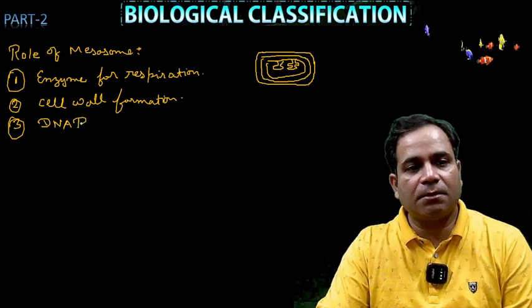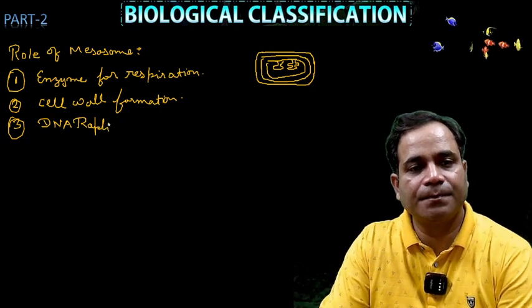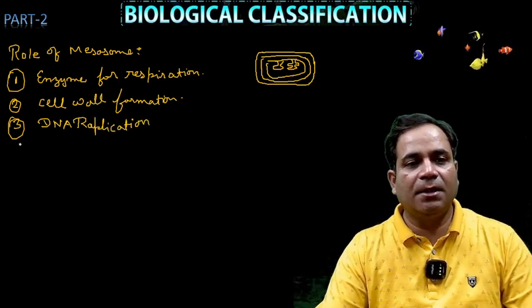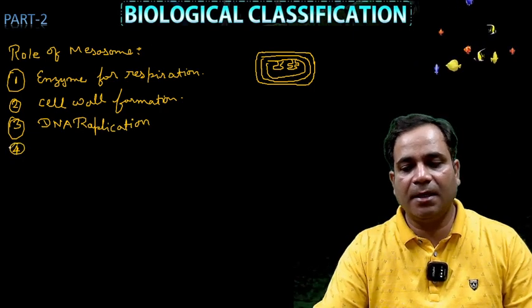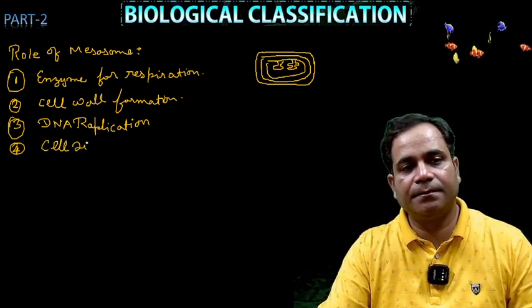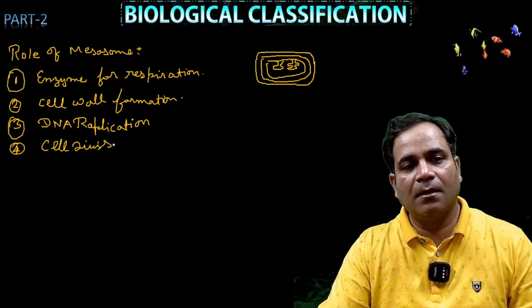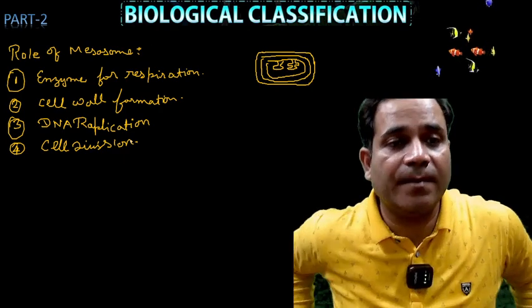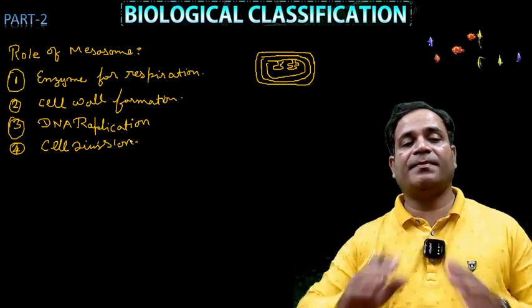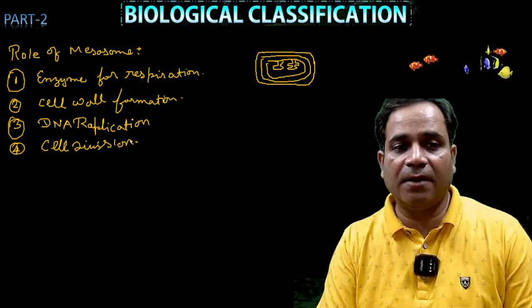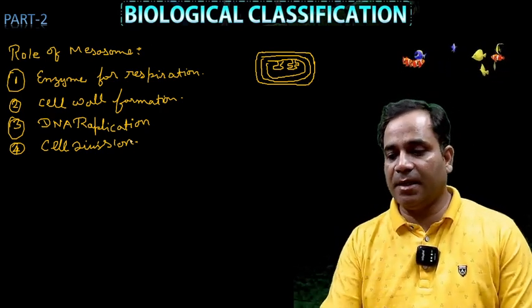Then the fourth point is cell division. Here are the major four roles of mesosomes. One is enzyme for respiration. Second is cell wall formation. Third, DNA replication. And fourth is cell division, my dear. Correct?